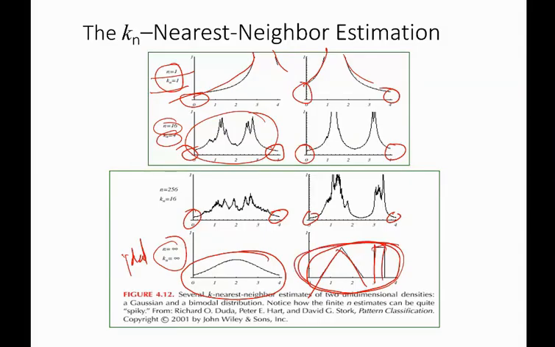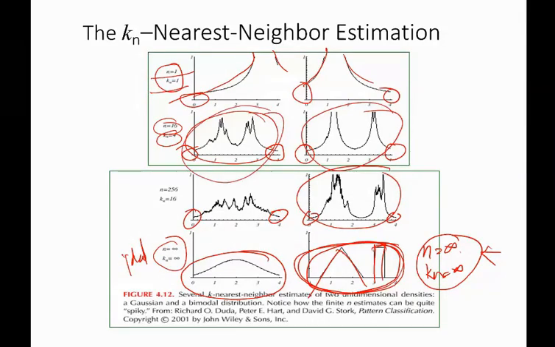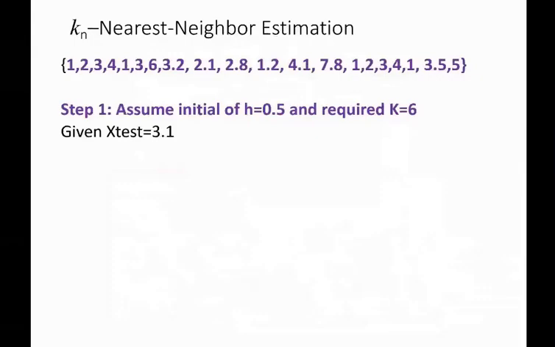So this is possible only when you set n equal to infinity, kn equal to infinity, which is practically not possible. So what is possible is these particular graphs with limited samples and limited number of k's. So we will take one example so that what I have said is more clear.